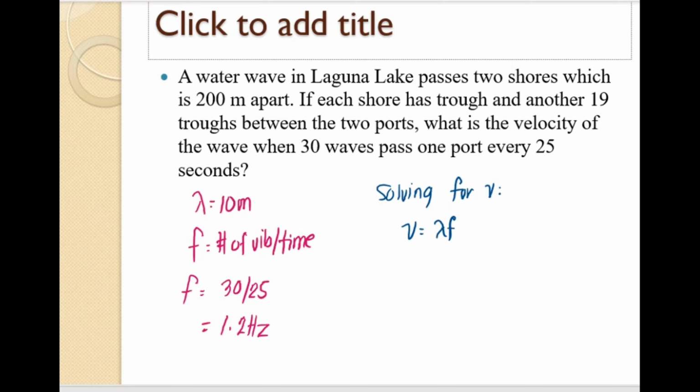Okay, next is to solve for the velocity. We now have velocity equals lambda f, or wavelength times frequency. We have 10 meters times 1.2 hertz, so that is equivalent to 12 meters per second.